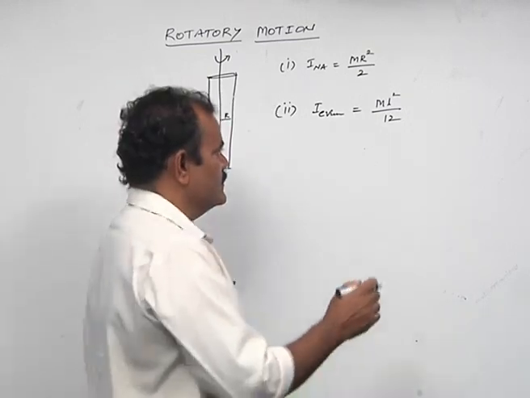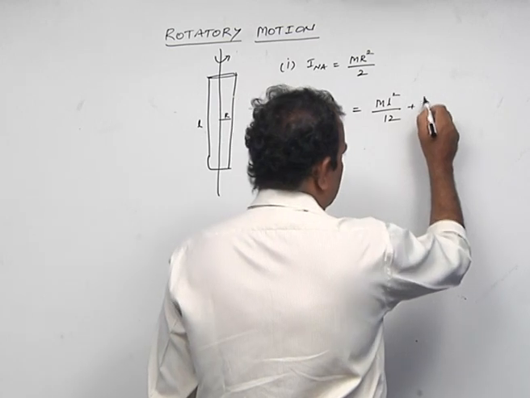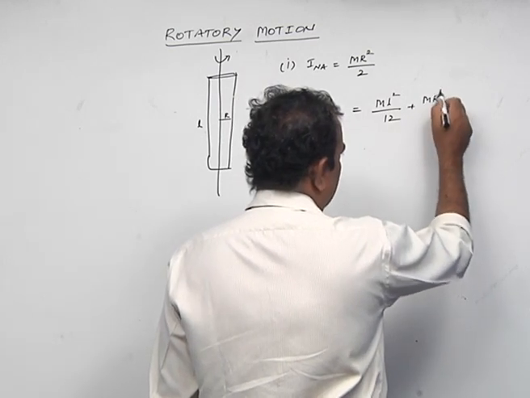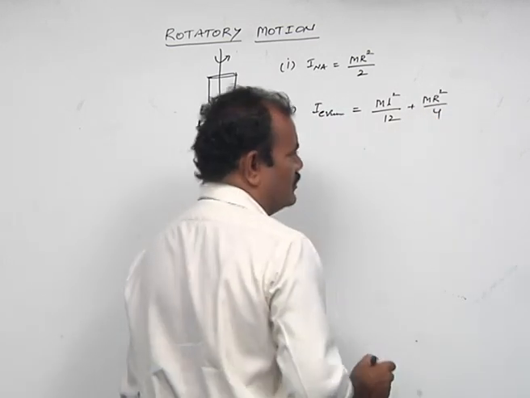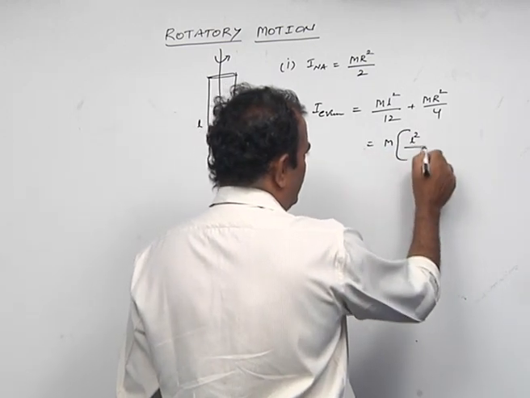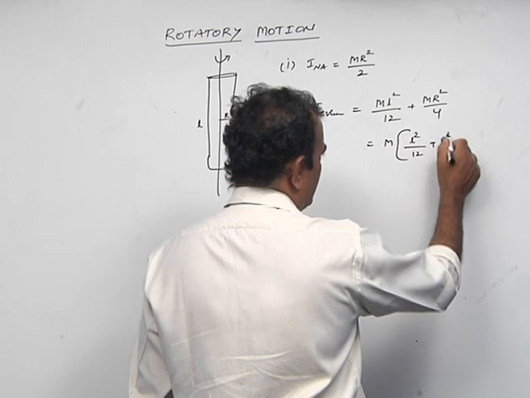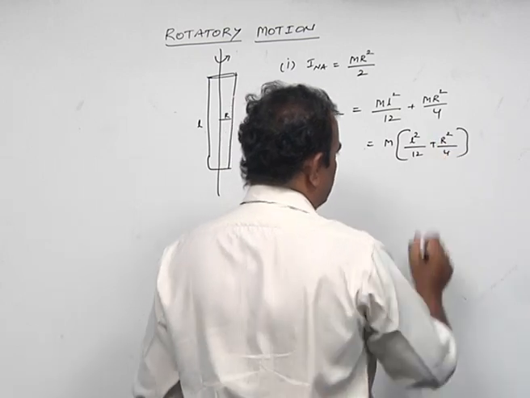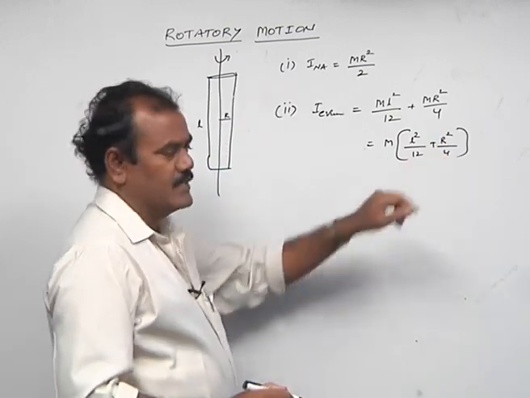Diametrical axis of the disc means mr square by 4. So that's why this is taken as m of L square by 12 plus R square by 4. So both will be there. That is the m of L square by 12 plus R square by 4.